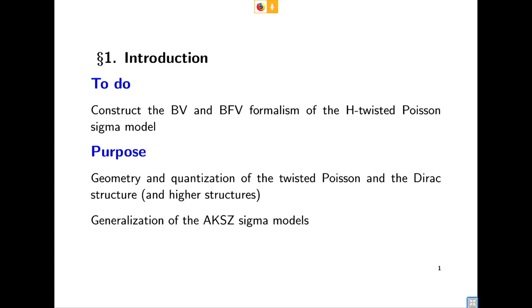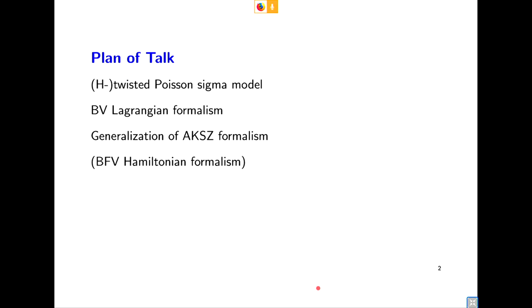Okay, this is the plan of the talk. First, I explain the twisted Poisson sigma model, and next we consider the BV formalism of this model, and a kind of reformulation of this model as an AKSZ sigma model.